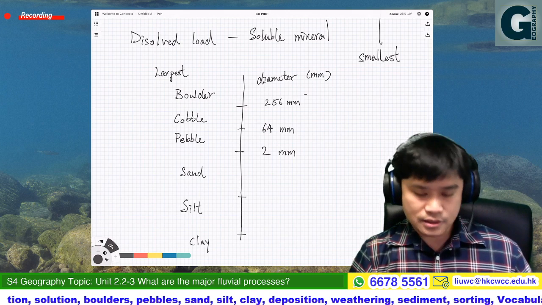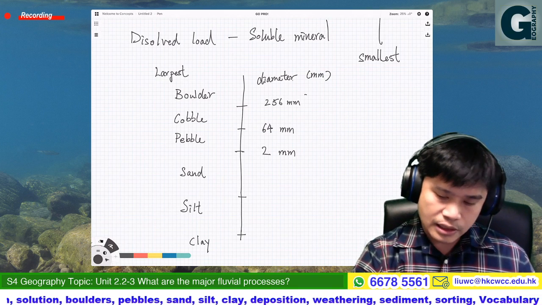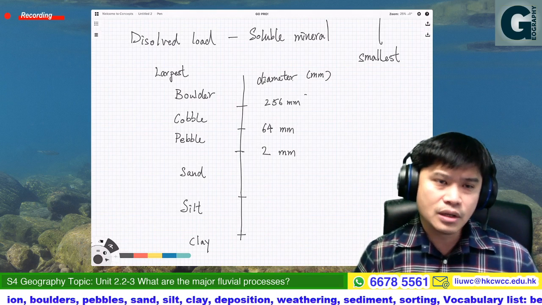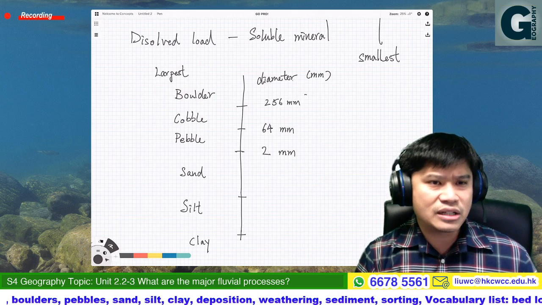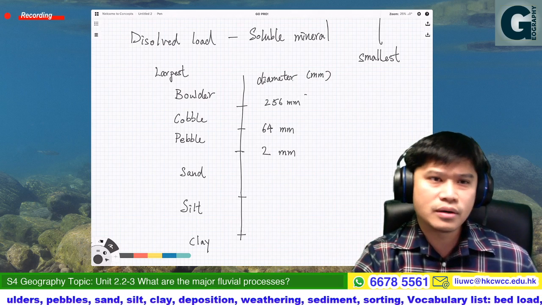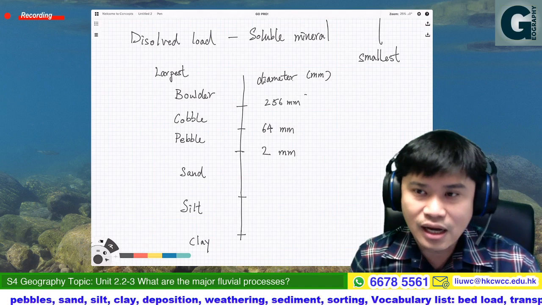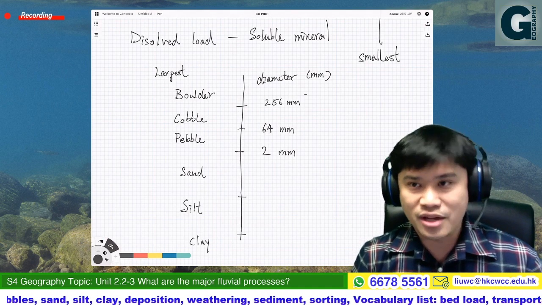If we want some numbers, how exactly small are those materials? Here I may give you some information.